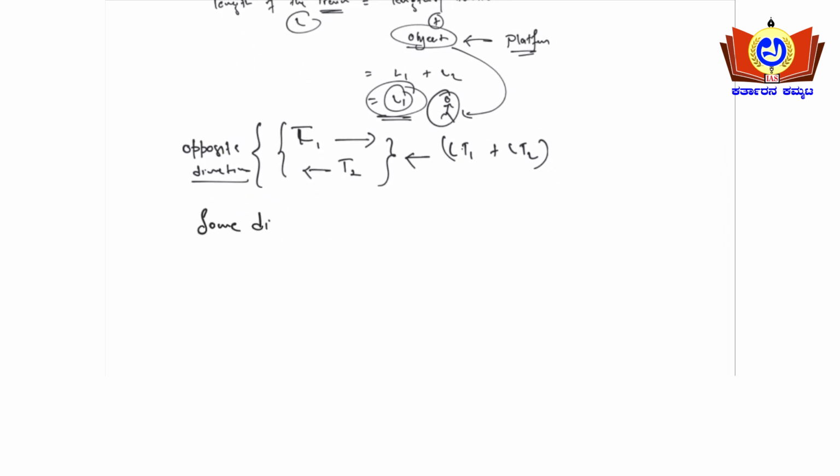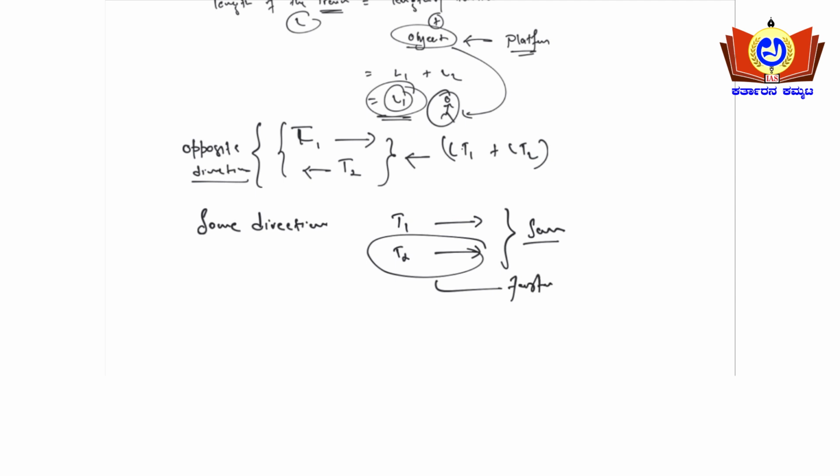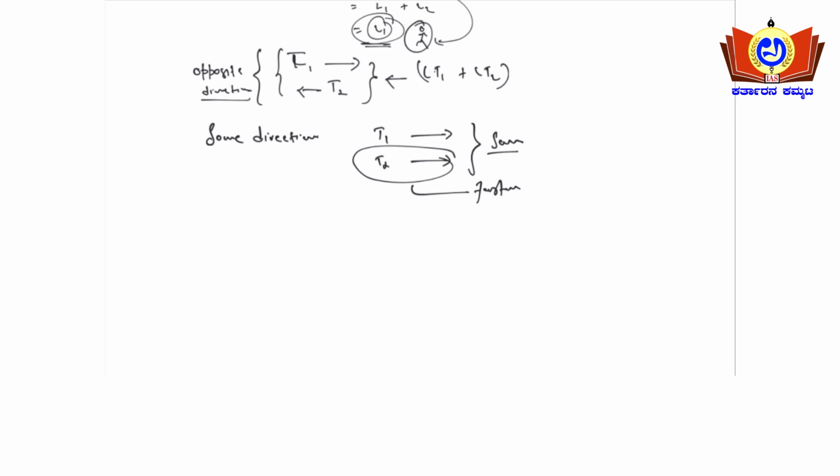Opposite case: if they are traveling in the same direction, T1 is traveling in this direction, and T2 is traveling in the same direction, and T2 is faster than T1, then train 2 will be overtaking train 1.